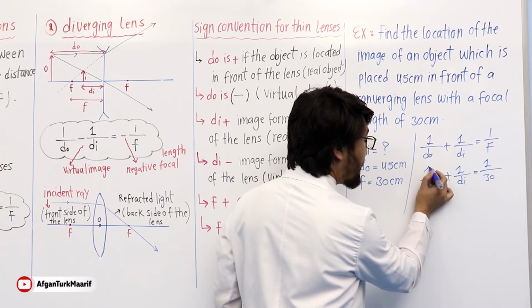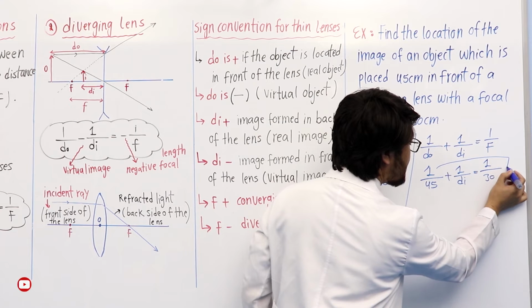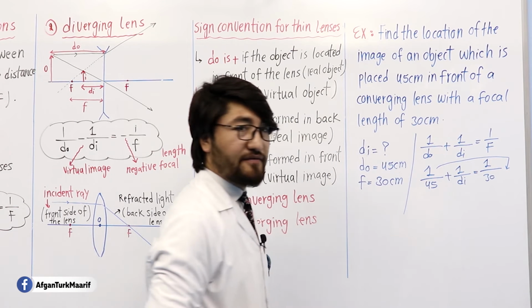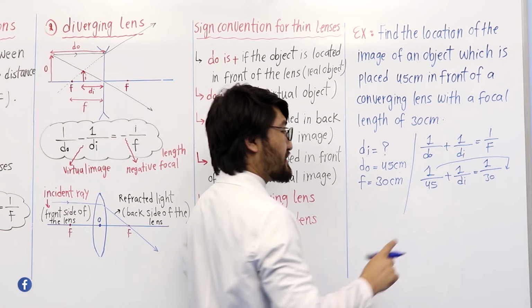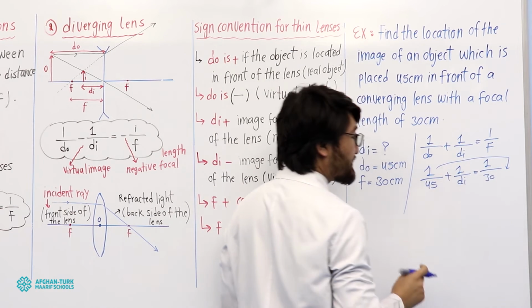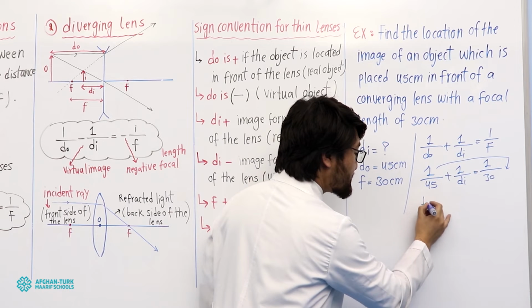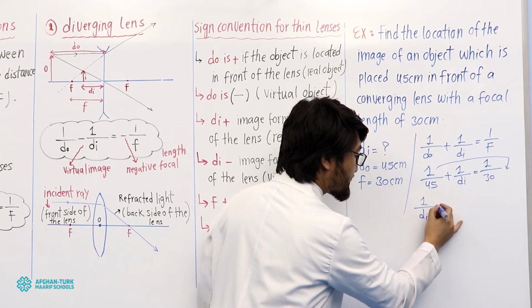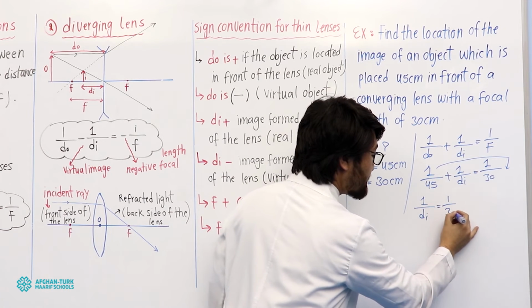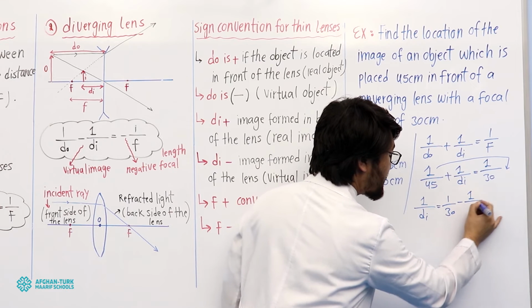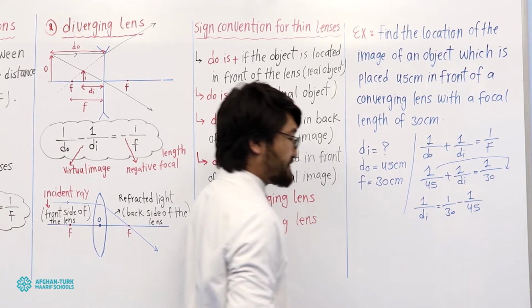Now I bring 1 over 45 to the other side of the equation. 1 over DI is equal to 1 over 30 minus 1 over 45.